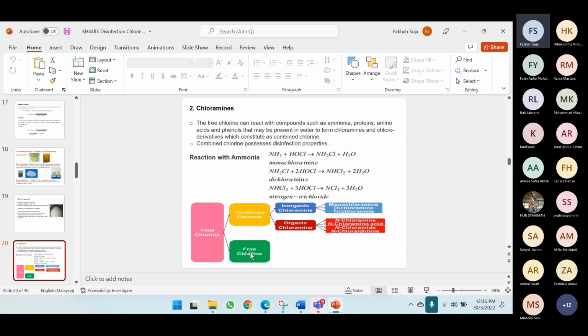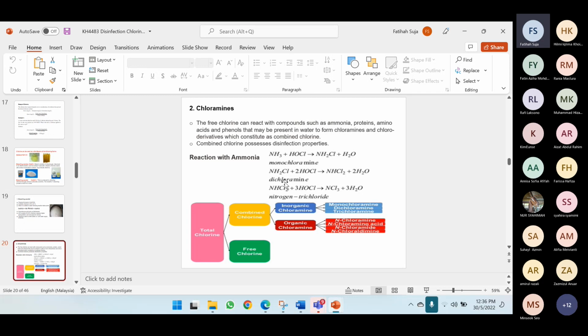So total chlorine can be in terms of free chlorine, or you can use combined chlorine. Combined chlorine is when you add ammonia to make chloramine. Of course, there are certain advantages of using this chloramine that we will discuss later.